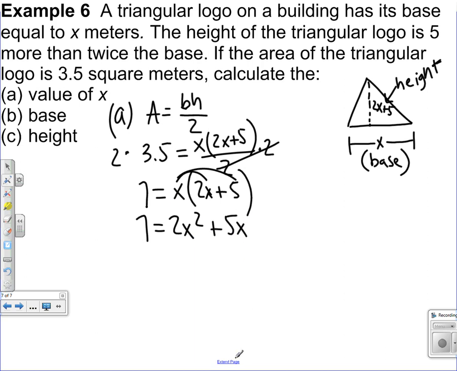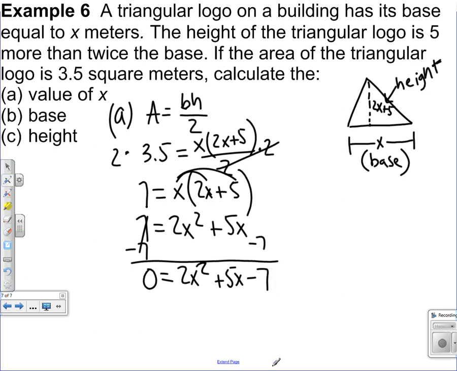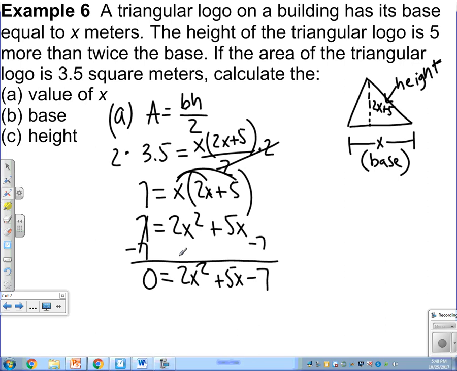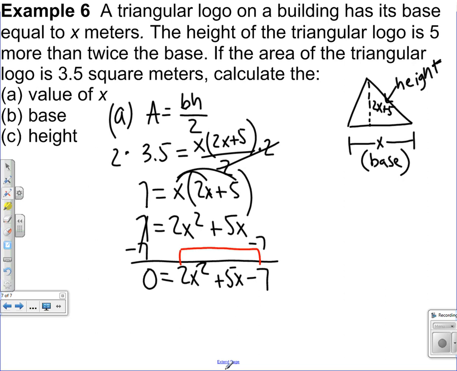Now we need to get 0 on one side of our equal sign. How do we do that? We're going to subtract 7 from both sides, right? Of course, you knew that. Okay, it's not a naked quadratic. We're going to have to multiply front end times back end. 2x times our negative 7.